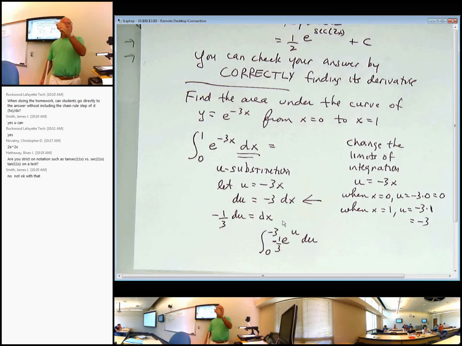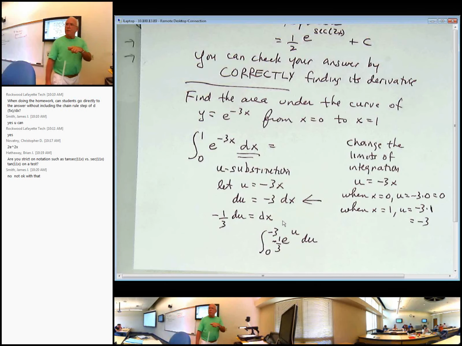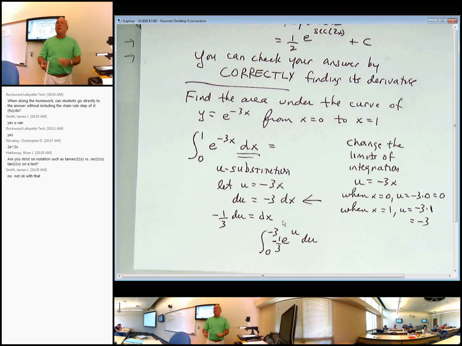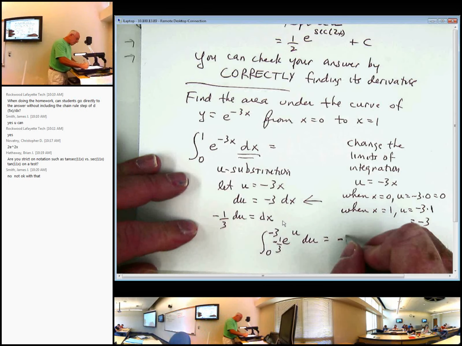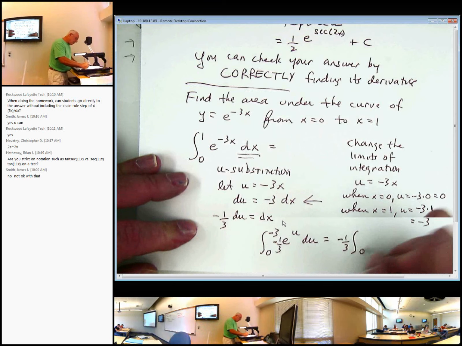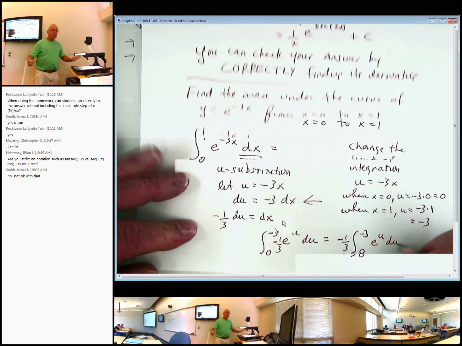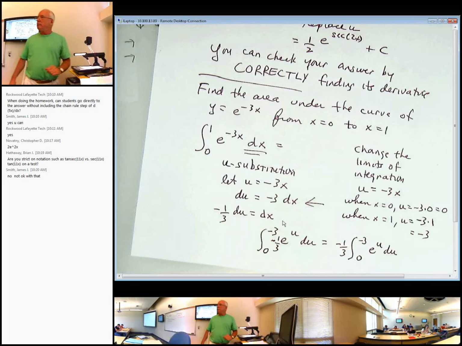Now let's go on and do what you said there, which is perfectly fine. That way we get rid of minus signs. Or at least we get rid of one minus sign. So let me rewrite this. We have -1/3, let's put that in front here, from 0 to -3 of e to the u du. Okay. Does everybody agree that's what we got?